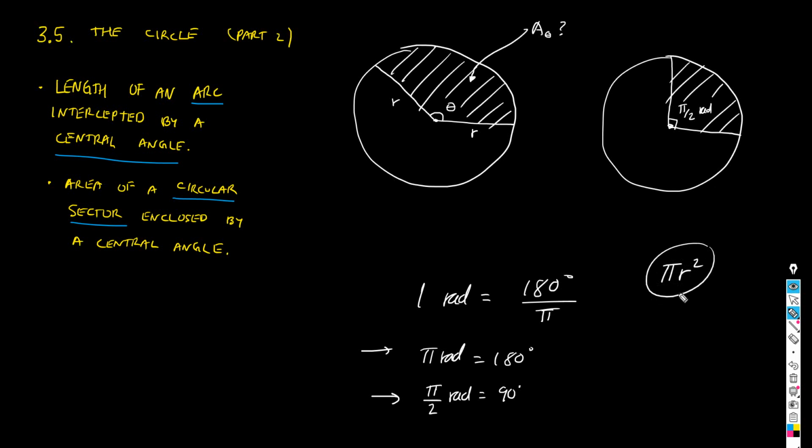You should know this, guys. Then one quarter is simply pi r squared over 4. And therefore, this area of this sector measures pi r squared over 4.